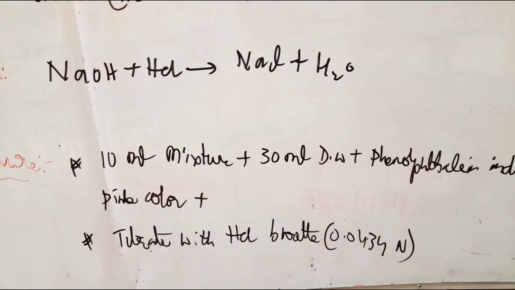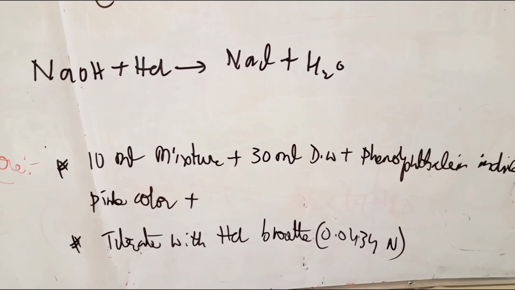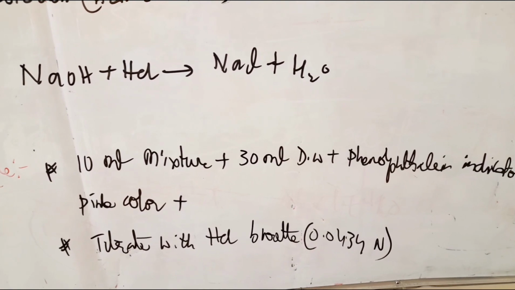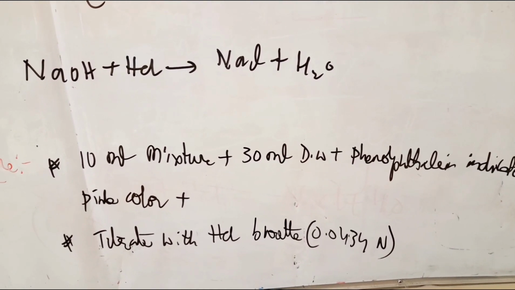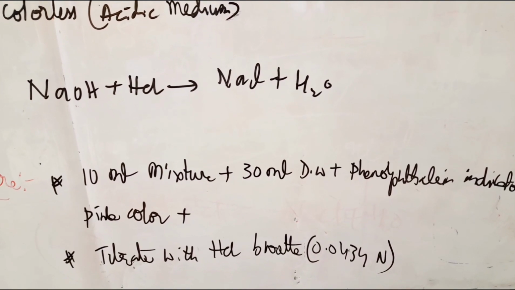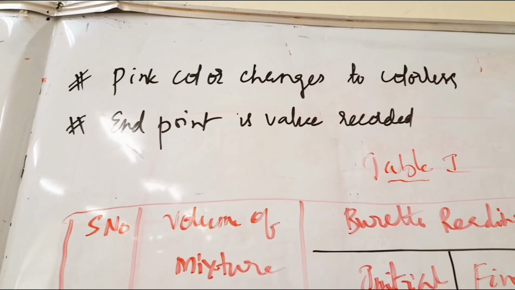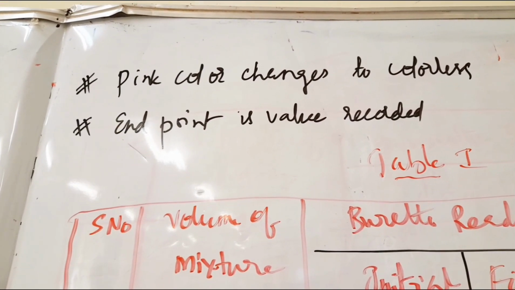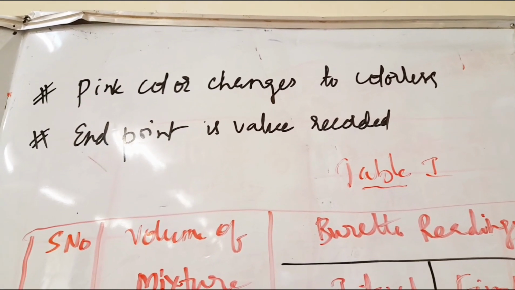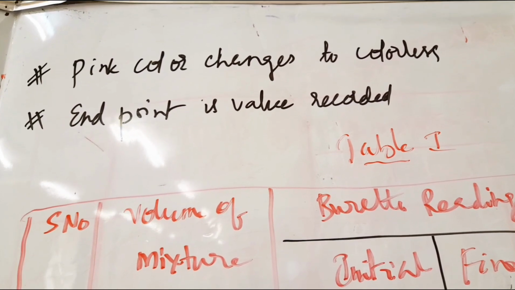Then titration takes place with the HCl from the burette, which has the strength of 0.0434 normal, already found in part 1 with the standard sodium carbonate solution. So with the standard strength of hydrochloric acid, we are determining the mixture concentration. When the titration is going on, pink color changes to colorless. The endpoint is a colorless solution, and the value is recorded.